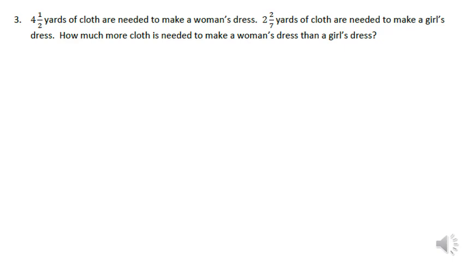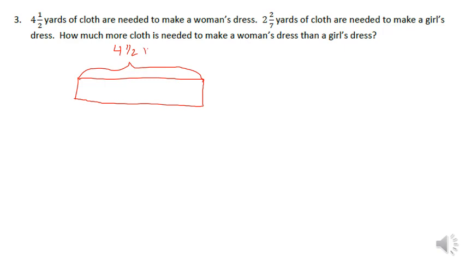Okay, it says we have 4.5 yards of cloth needed to make a woman's dress, 2 2/7 yards cloth to make a girl's dress. So we're going to go ahead and draw ourselves a tape diagram, and on the top, we're going to put the 4.5 yards, and down here we're going to put 2 2/7 yards, because this here is the girl's dress, this is the woman's dress.